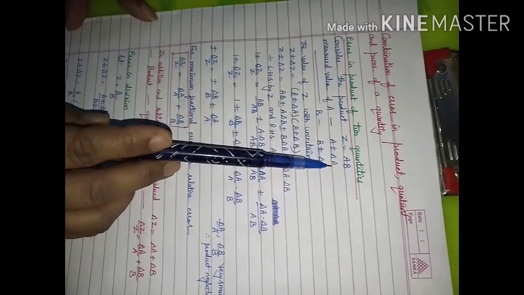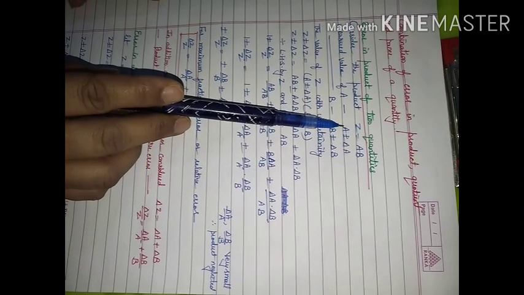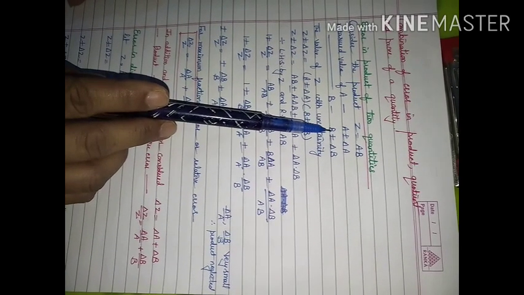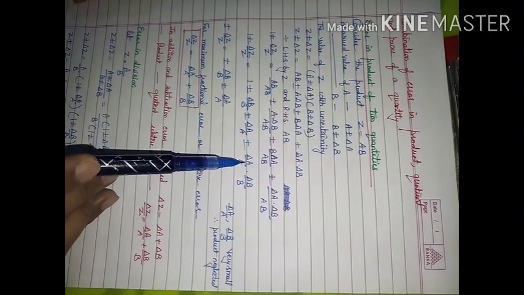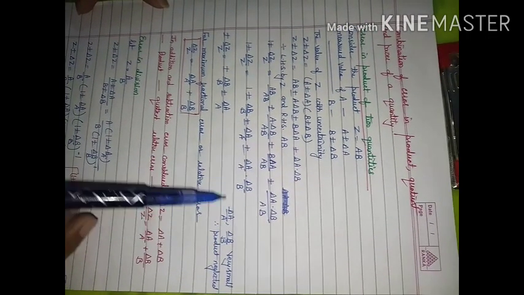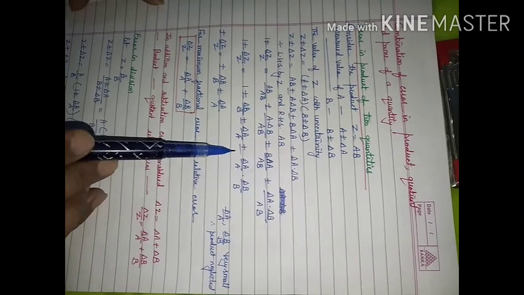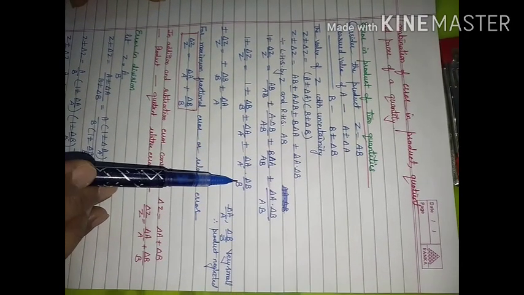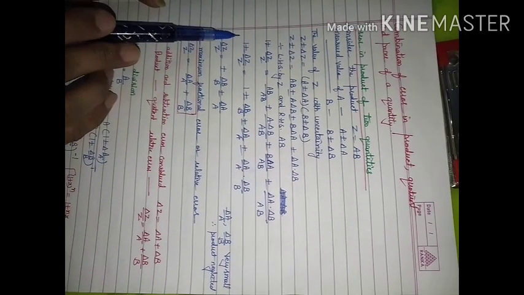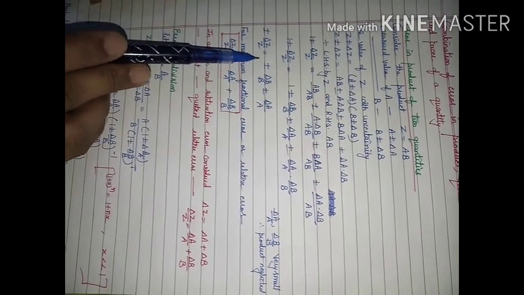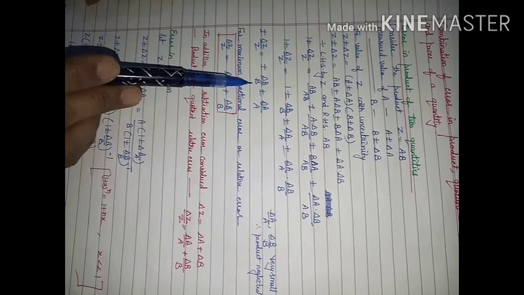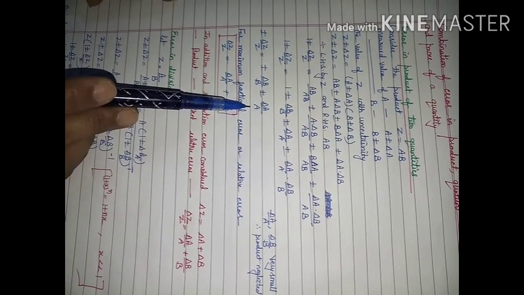And further, when these values are divided by A and this is divided by B, this will become further smaller. And the product of two small quantities will be further smaller. So being very small, we are going to neglect this term. This one will be cancelled with this. So we are left with plus minus delta Z upon Z is equal to plus minus delta B upon B plus minus delta A upon A.